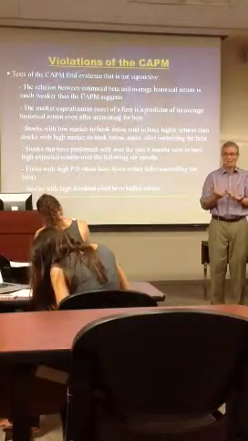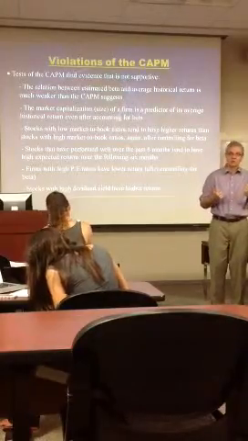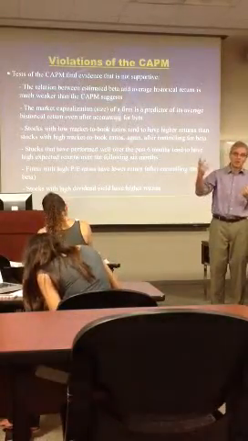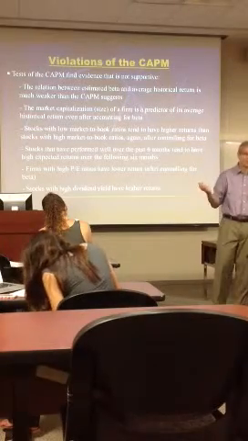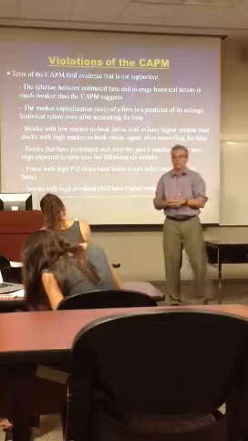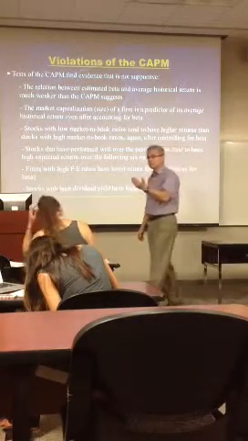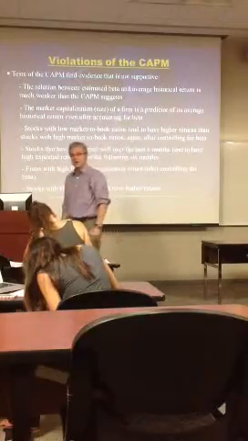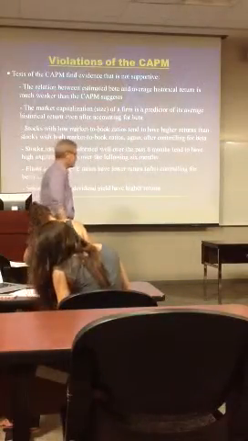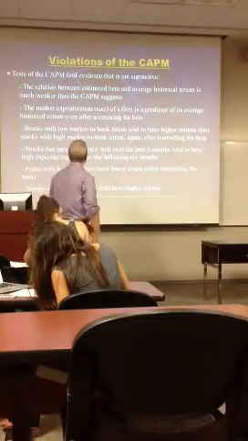So if we're going to test the CAPM, we're going to have to use historical returns on individual stocks and historical returns of the market portfolio. That's really the only strategy we have for testing this. Okay? So the question is, does that relationship seem to hold? And the answer is, it doesn't really, because the relationship is much, much weaker than the CAPM tells us.